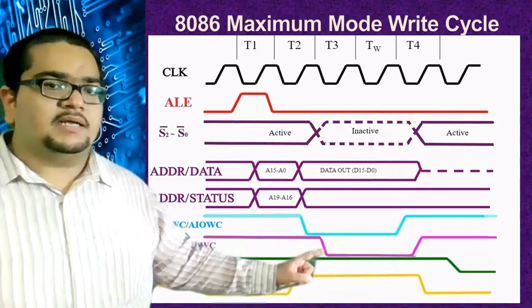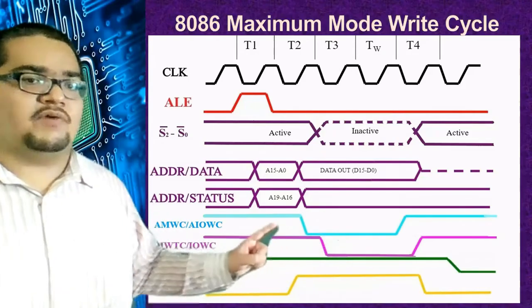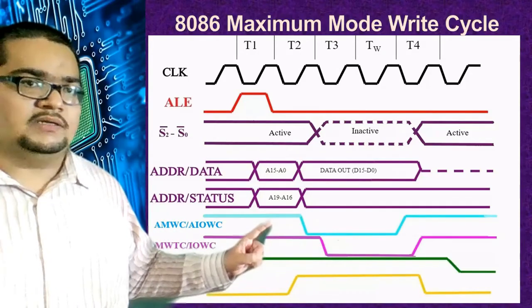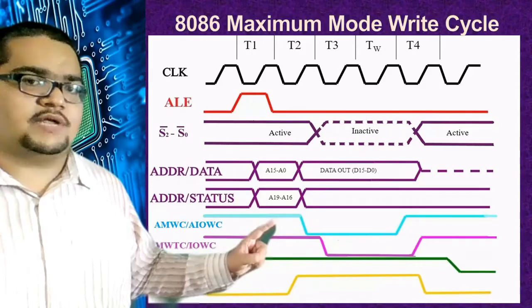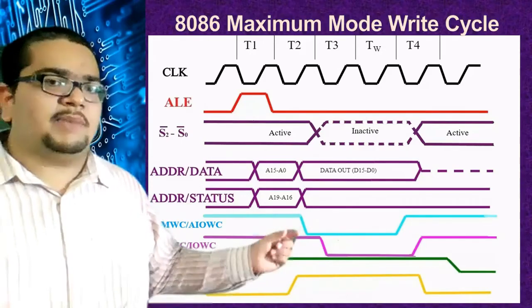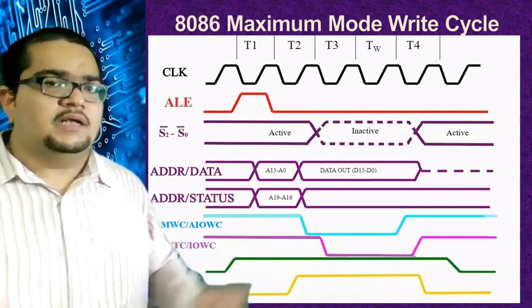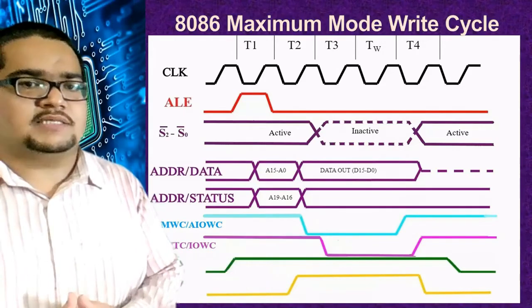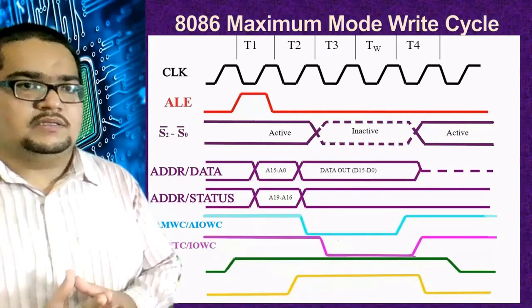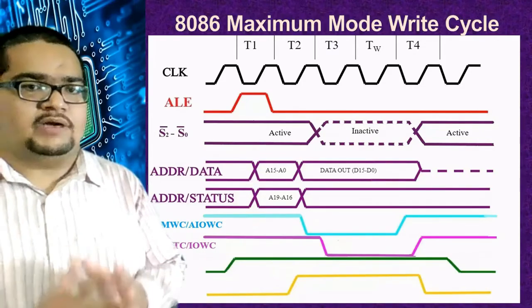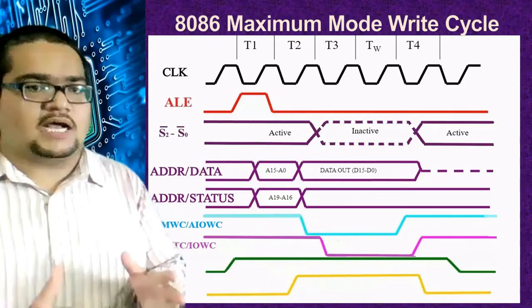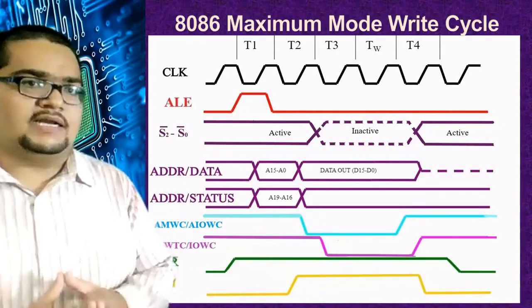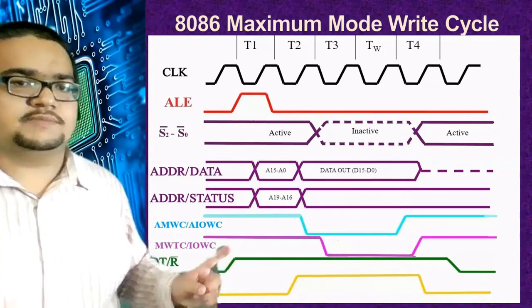But above this line I have shown you the advanced memory write command or advanced IO write command. It is advanced by a little amount. You can check it here. That little amount is exactly 1 time state. So advanced write commands are 1 time state ahead. The processor writes it 1 time state ahead of the conventional normal memory and IO write commands.